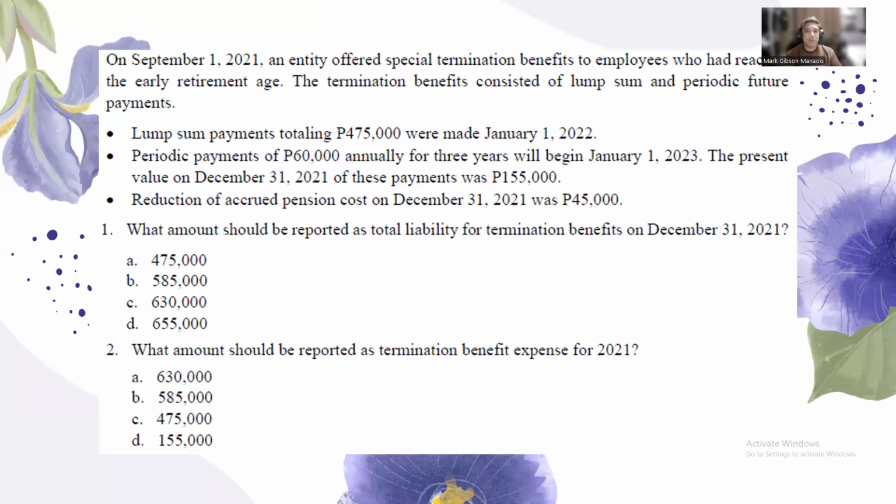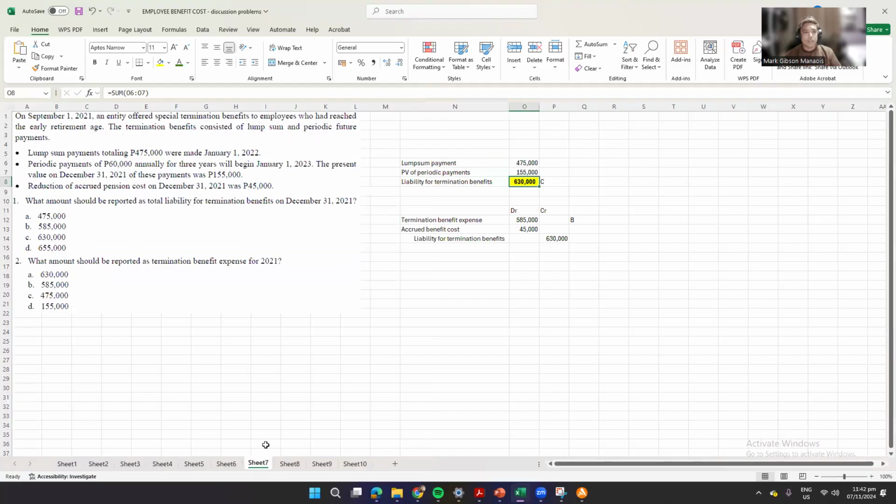So let's have this problem, class. The lump sum payment. Requirement one: what amount should be reported as total liability? How much is the lump sum payment? Total liability as of December 31, 2021. As of December 31, 2021, we know how much our obligation would be.